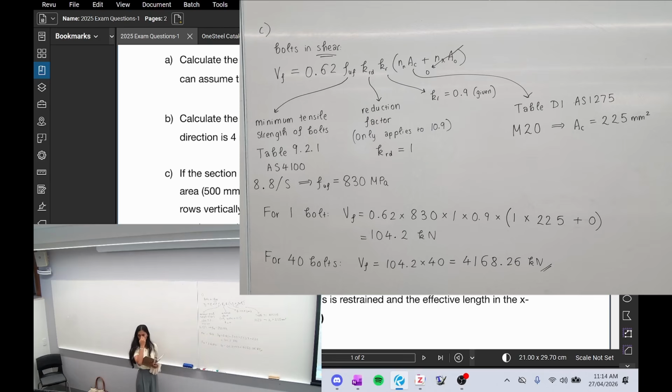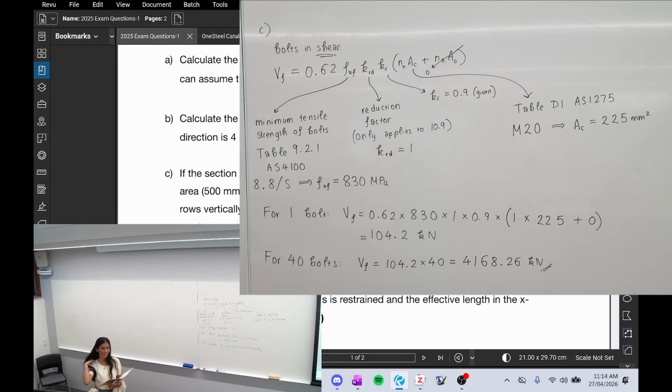Any questions here? Yes. So why is NX always 0? You can just always take that as 0. Yeah, I think that's right, isn't it? Yeah, I don't think I've ever seen it actually included as not 0.